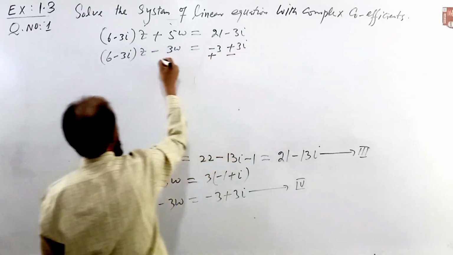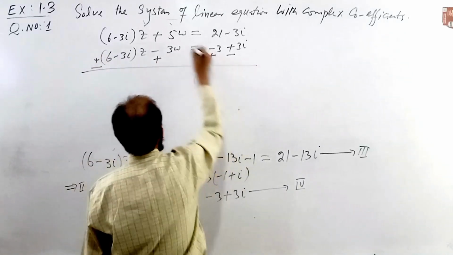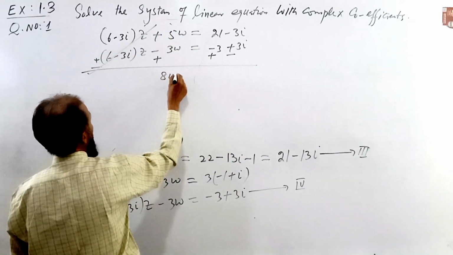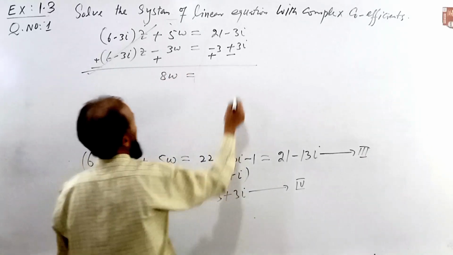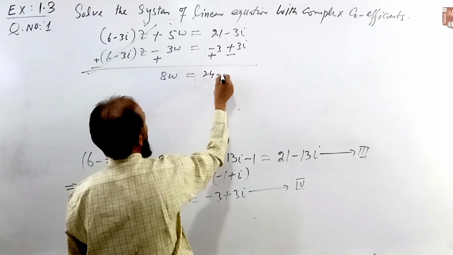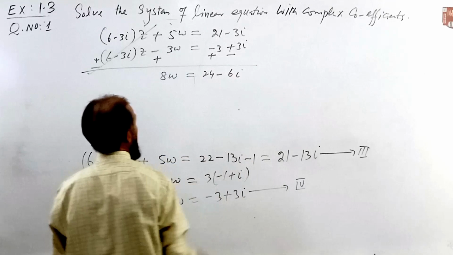Subtracting, so the sign is changed. Here plus and negative, so both are cancelled. Here is plus 8w, and on the right 24 minus 16 iota.